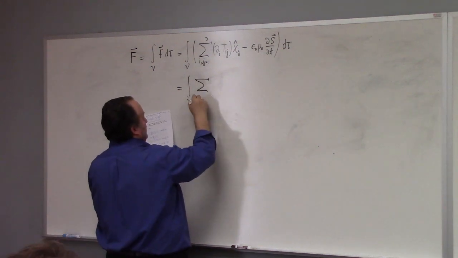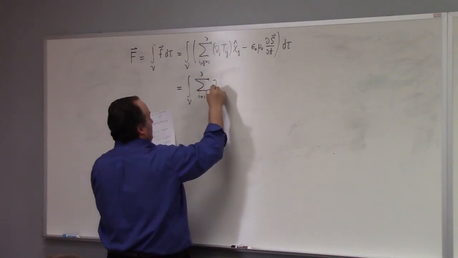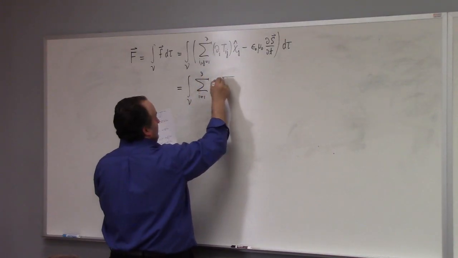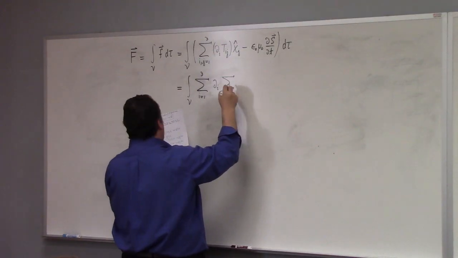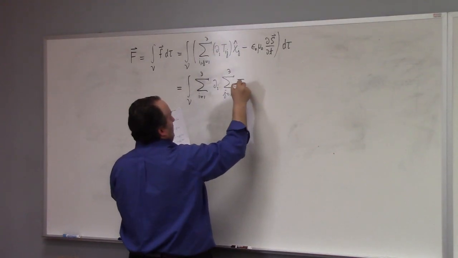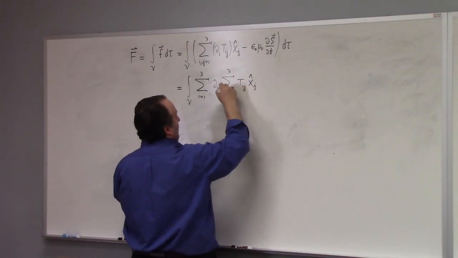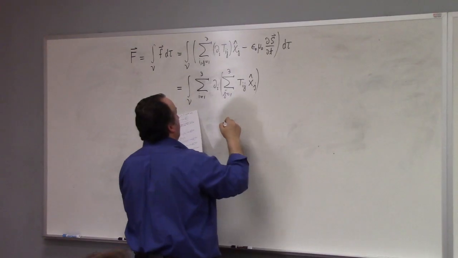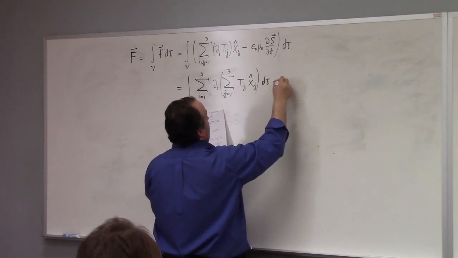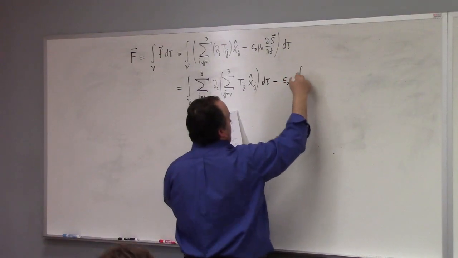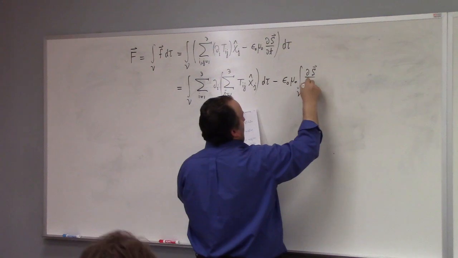I'm going to rewrite this a little differently: the sum i equals 1 to 3 of the ith derivative of the sum j equals 1 to 3 of T_ij x hat j, d tau, minus epsilon naught mu naught times the integral over the volume of partial S partial t d tau.